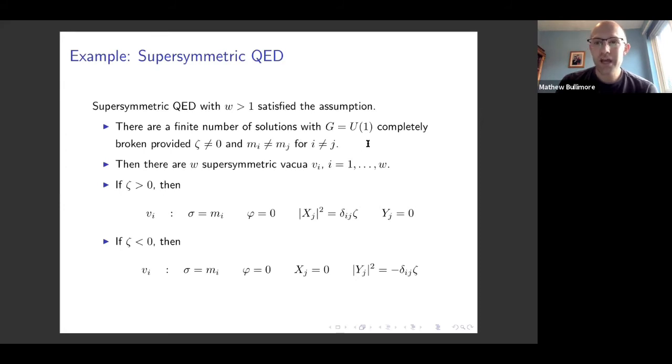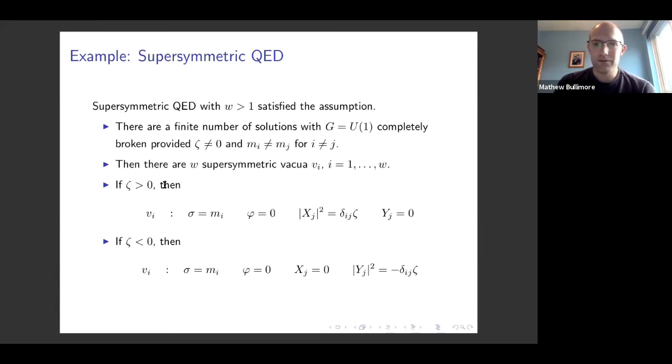And here, generic means that you only get a finite number of vacua provided both the Fi parameter is non-zero and all of the masses are distinct. So this is what it means to be generic in this case. And if those two conditions are obeyed, then it's an exercise to check that the only solutions of the vacuum equations, the only critical points of those functions, are given by the following solutions.